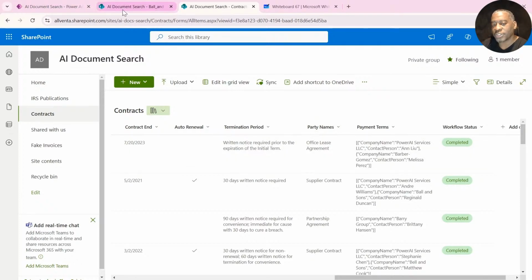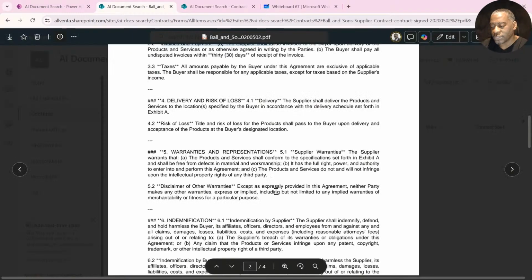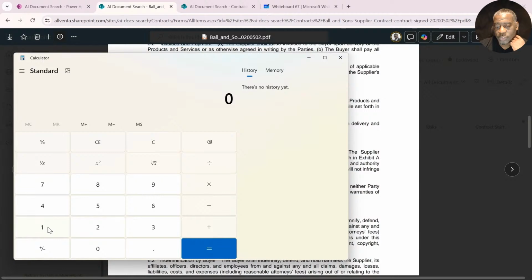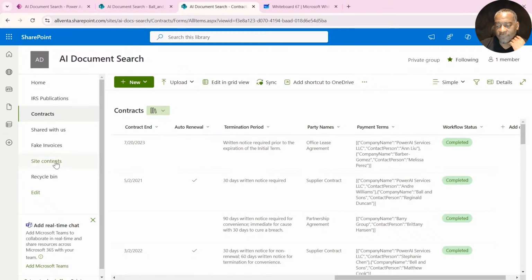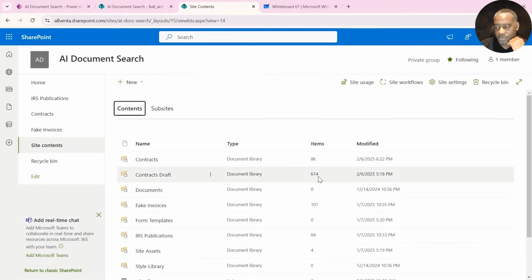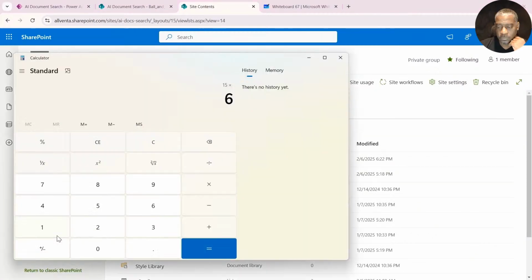So for an average human who's very skilled and experienced in this, let's just say it takes them 12 minutes, 15 minutes, let's round it up, 15 minutes per contract to extract that data. So we have 15 minutes times the number of contracts they have to do that for, which is 614.